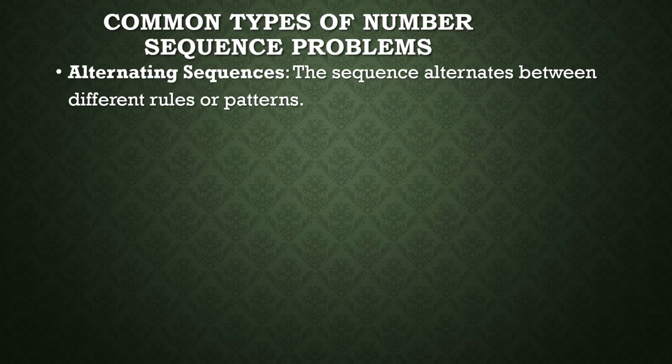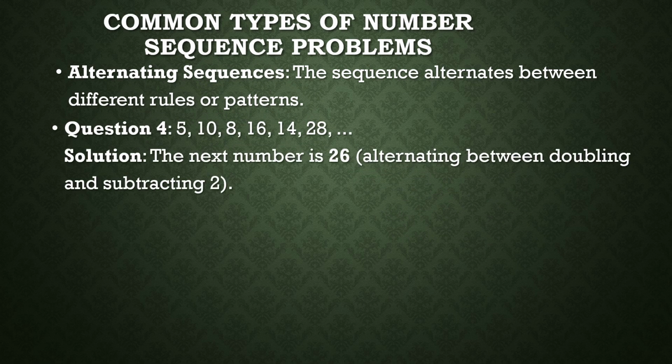The fifth type of number sequence problem is alternating sequences, wherein a series follows two different patterns or two different rules. If we see the first example, between 5 and 10 there is a difference of 5, but between 10 and 8 it's just a difference of 2, which doesn't make sense.